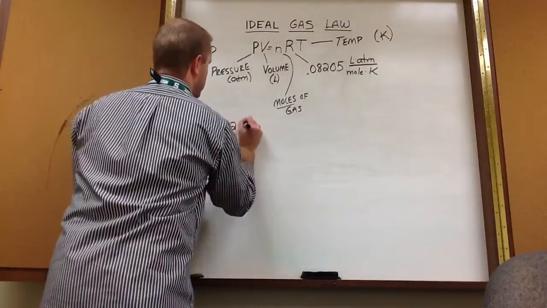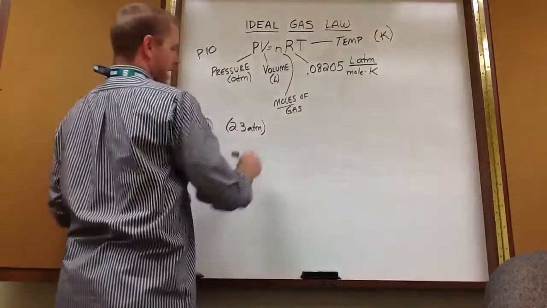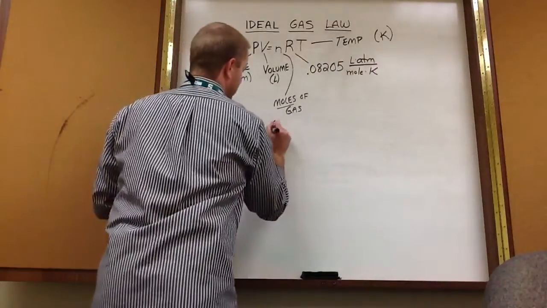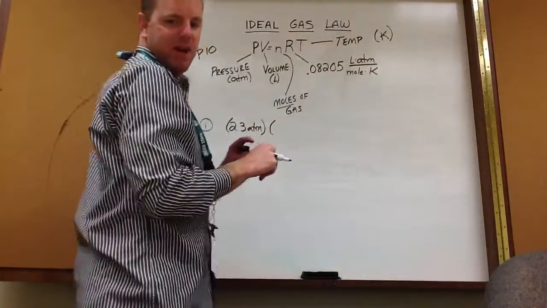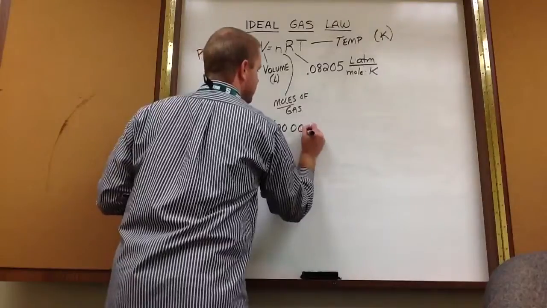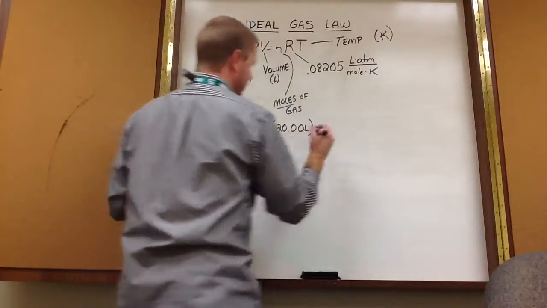So, pressure was 2.3 ATMs. I asked myself, is that okay? Yep, ATMs is going to match ATMs. Then we had a volume that was given to you, and that volume was 120.00 liters. Again, that matches this right here, so boom, we're good.